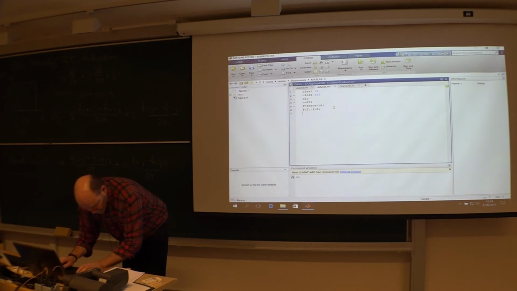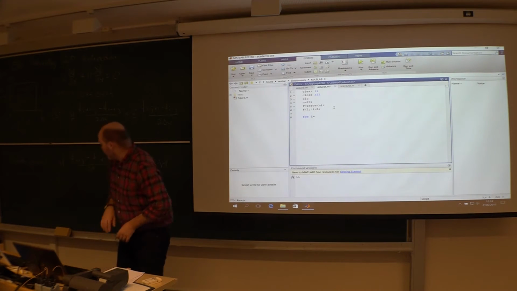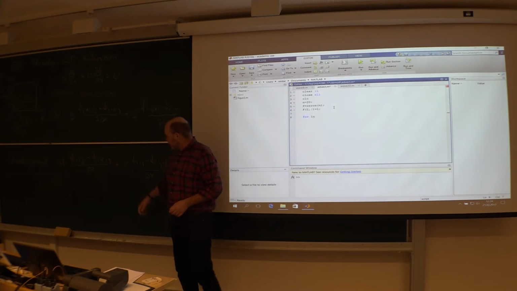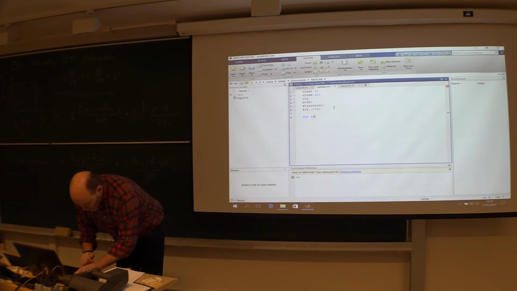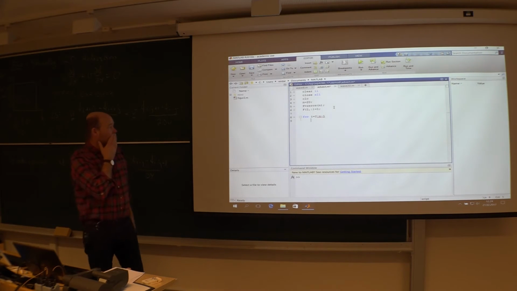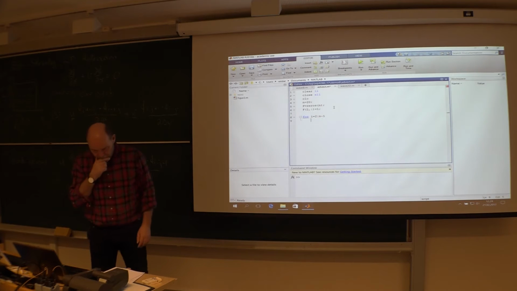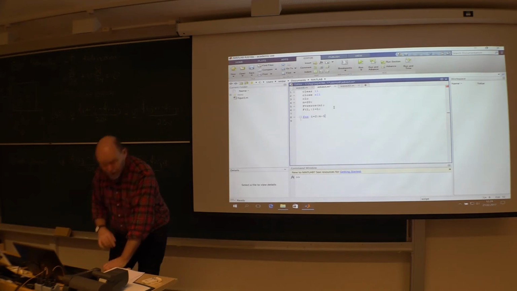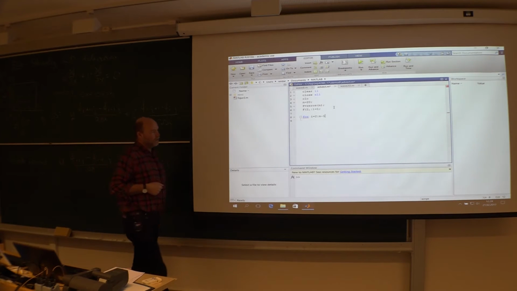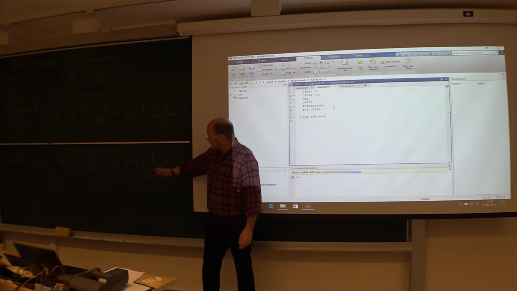Then we start with our first order scheme. Now I skip the boundaries, of course, so here I go all the way from 2 to n minus 1. Actually, I don't have to stop at n minus 1 for this one.